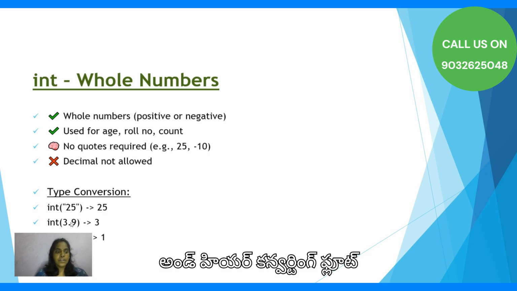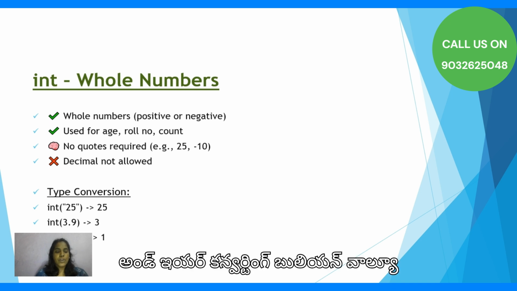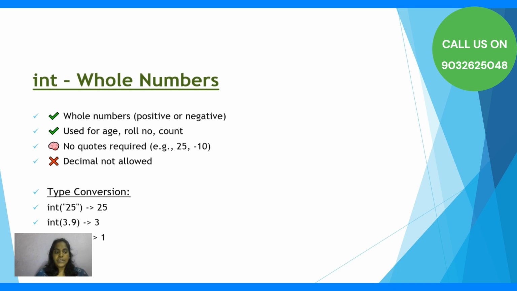And here I'm converting the float value 3.9 into integer format and the result is 3. And here I'm converting a Boolean value into integer format and the output is 1. True or false are treated as ones and zeros in number format. So true value is 1 and false value is 0.